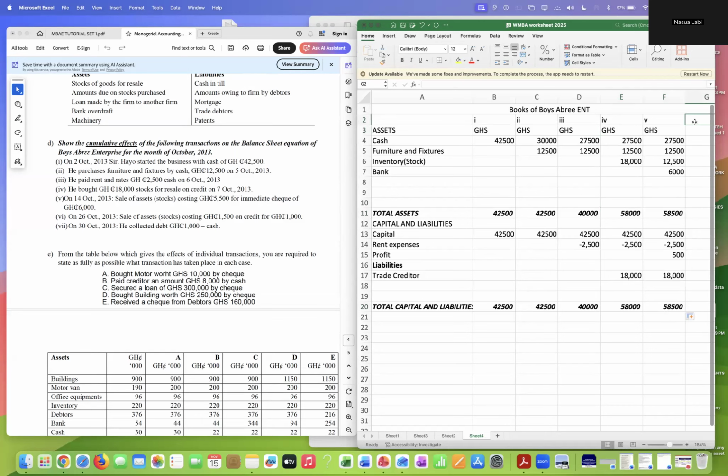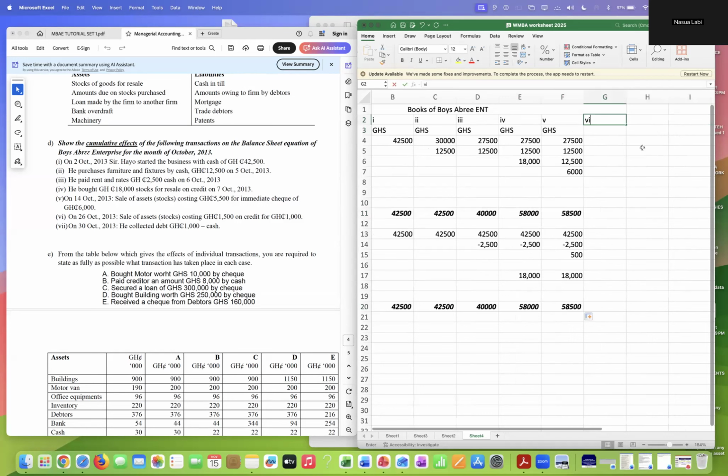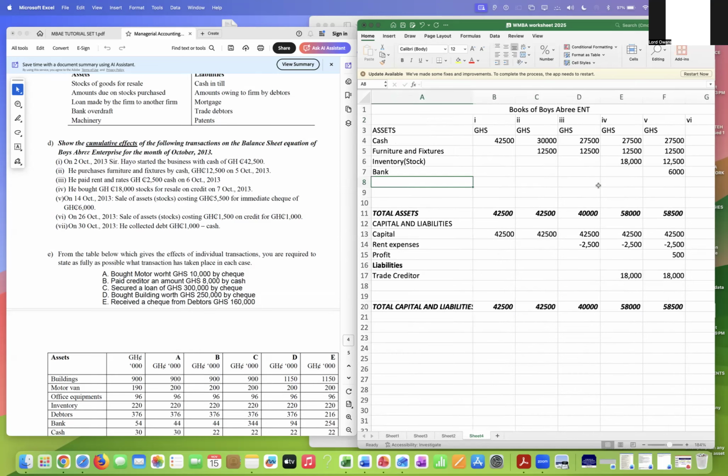On 26th October 2013, sales of assets stocks costing 1,500 Ghana cedis on credit for 1,000 cedis. Okay. If you sell on credit, it creates another asset. Which asset is that? Yes, debtors, or account receivable.